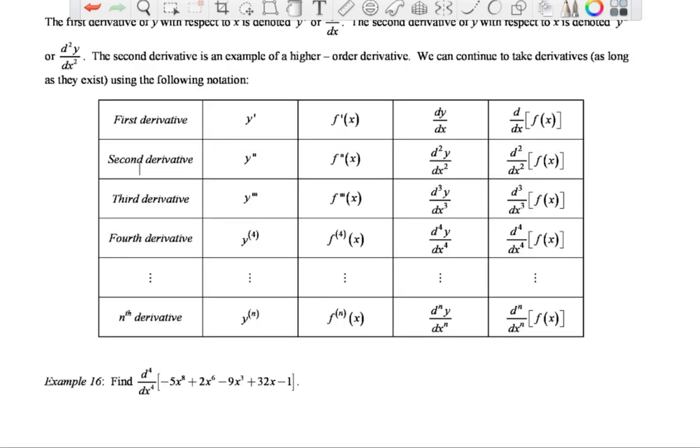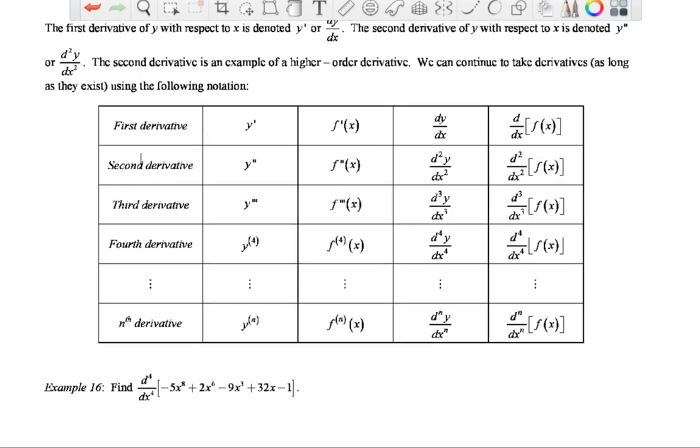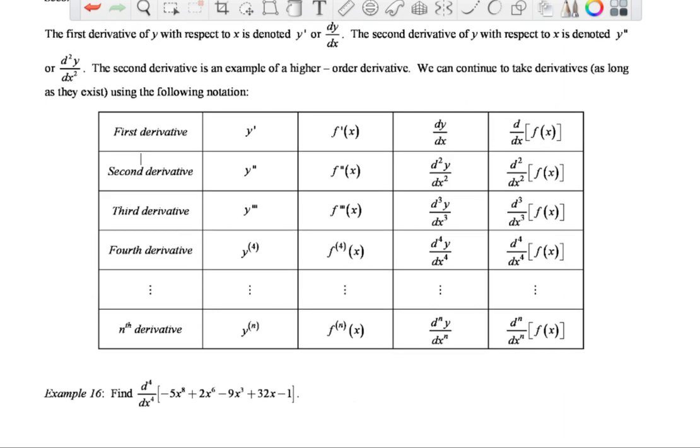Now we're talking about taking derivatives. And when you're looking at taking a derivative, you have your notation dy dx or y prime. There's also a second derivative, which you could say is y double prime or d squared y dx squared. The second derivative is an example of a higher order derivative, and you can continue this.